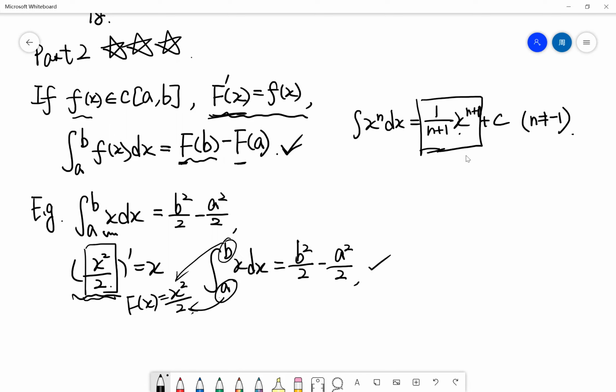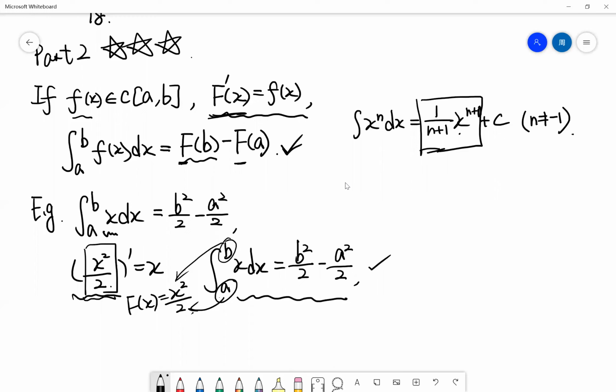So can you understand how I use this formula to calculate this definite integral? Can you understand, guys? Yes. No, can you repeat again, please?